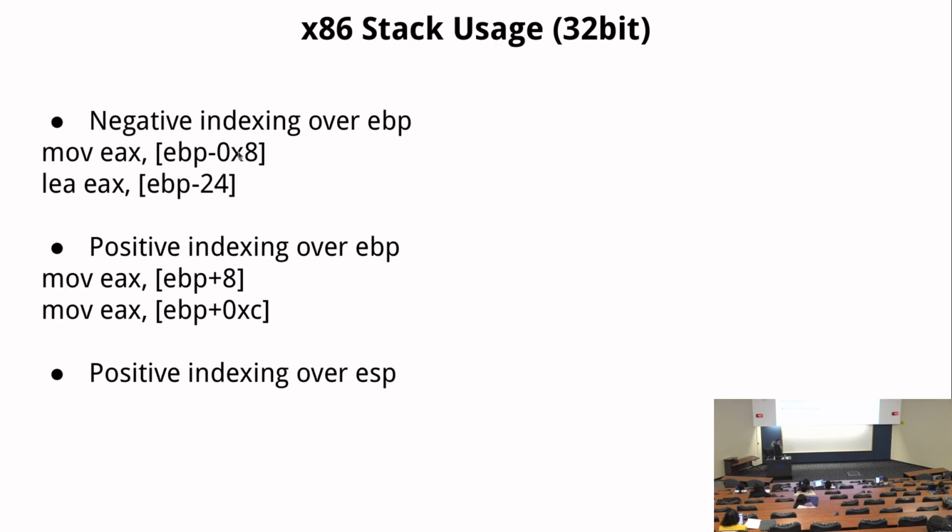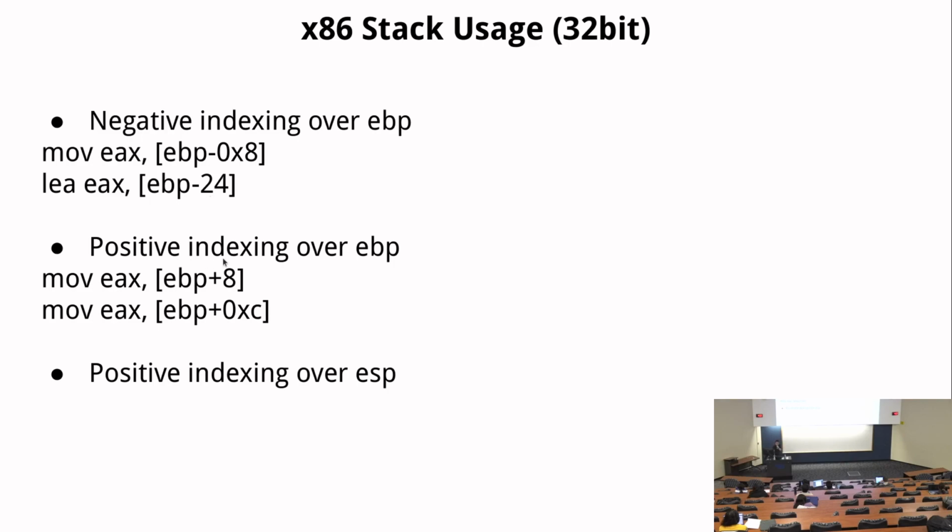EBP points to the old EBP, and the spaces lower than that will be the local variables. So moving EBP minus 8 to EAX, we are just getting a local variable's value from memory to the register. Then load effective address EAX, EBP minus 24: this is basically getting a local variable's address.